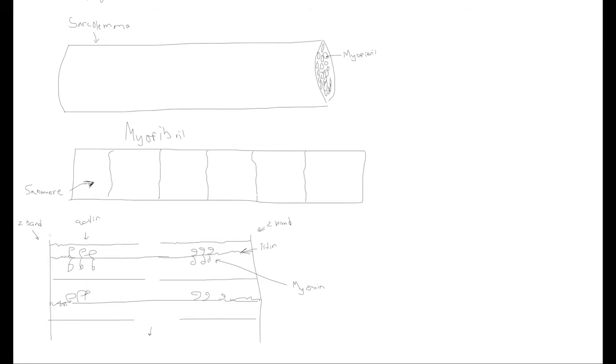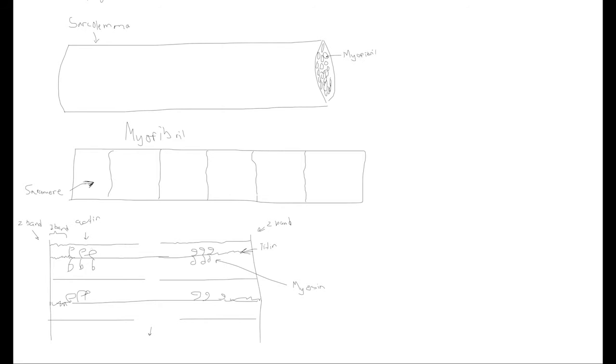And I should also mention that we label the different parts of this, just to give it some perspective. From the Z-band to the beginning of the myosin heads, these things right here, these myosin heads, and we'll talk about them in a sec, that's called your I bands.